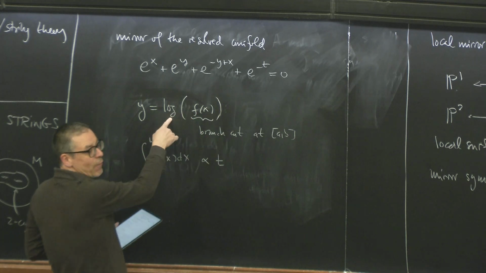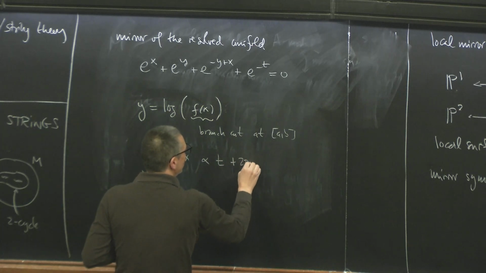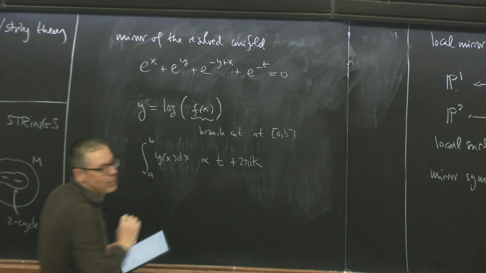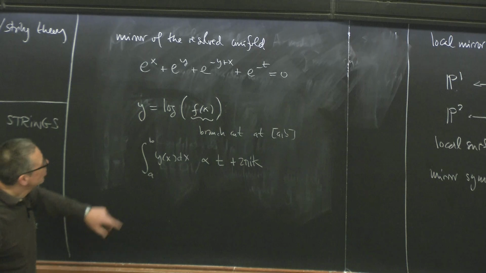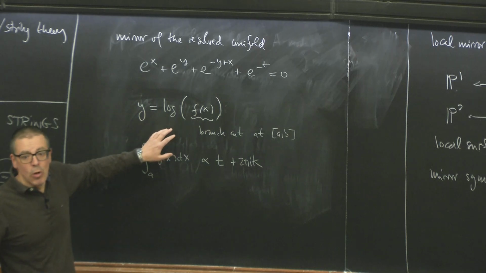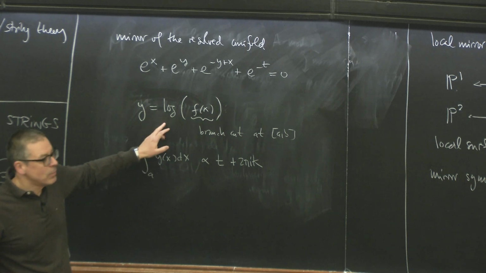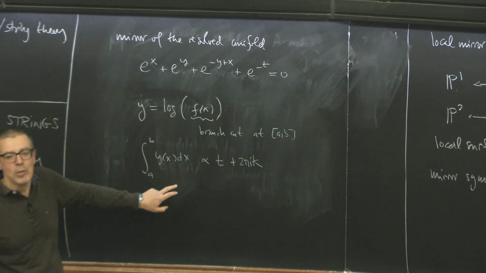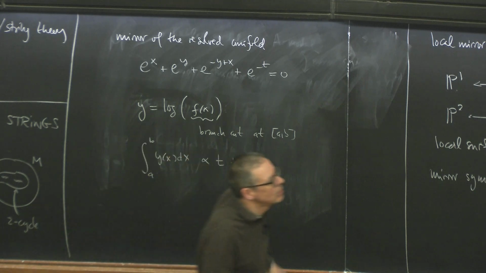And then, of course, if you have a log, and the log is multivalued, you will have a multivaluedness, which actually leads you to the possible D0 branes. So you see here that the spectral curve, when you solve it, is not going to be purely algebraic. There will be logarithms, but you need these logarithms because it's the multivalues of logarithms that tells you that periods are going to also include these D branes, you see?